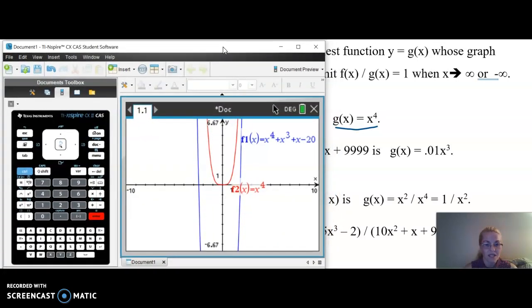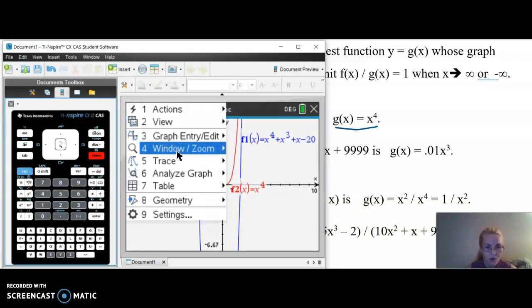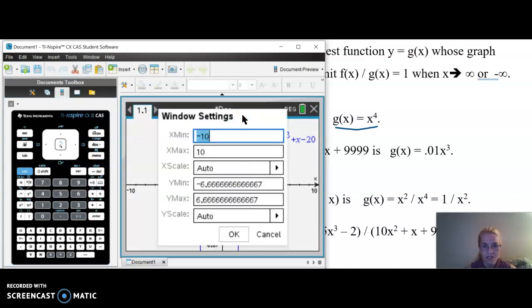So first of all, we can see that our first function that's blue, right around 0 and actually in between like -3 and +3, they're very different. In fact, let's go ahead and change the window settings.